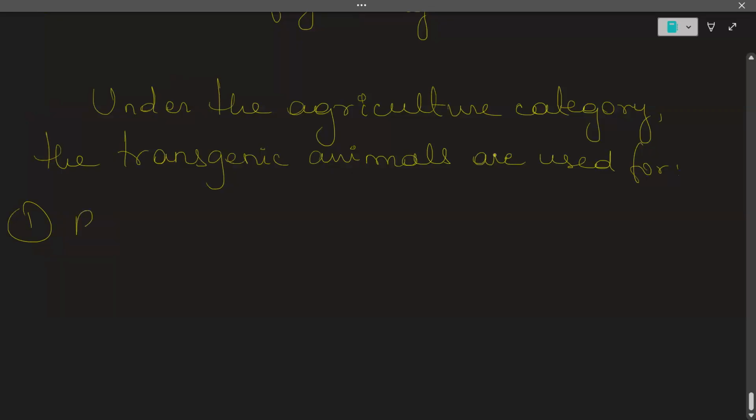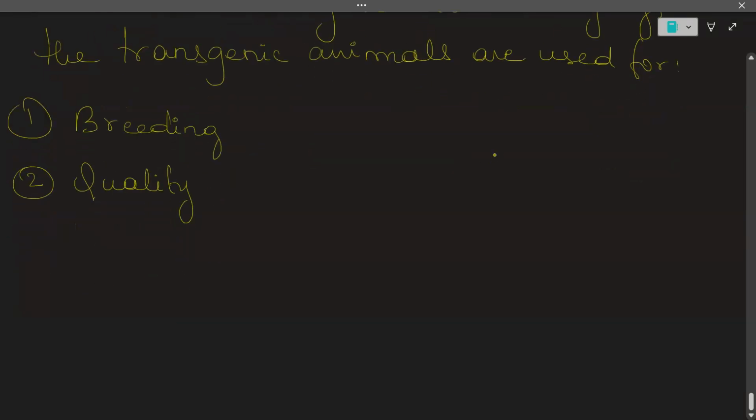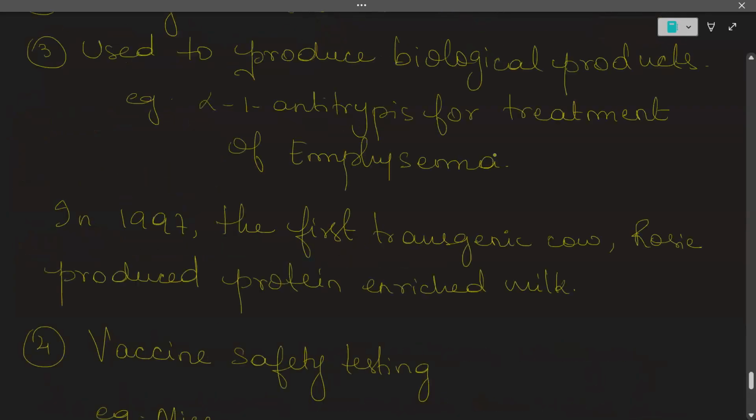The first one is breeding, meaning there are many plants or animals that have the desired traits, so we can use them in the field of breeding. Second is quality, meaning high quality, nutritious products can be made. And lastly, to test disease resistance. So these are all the ways.